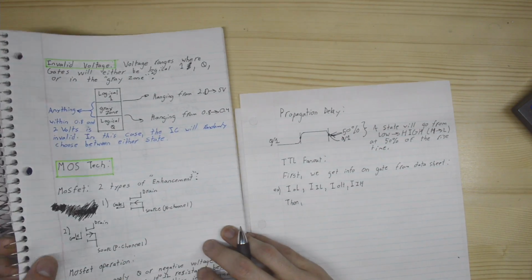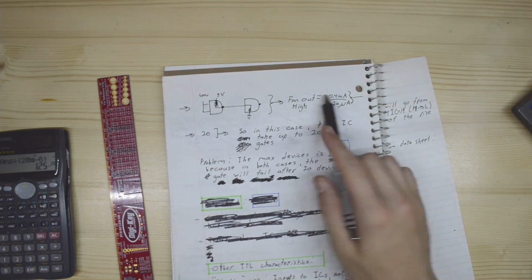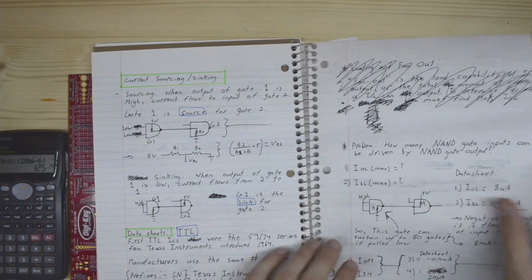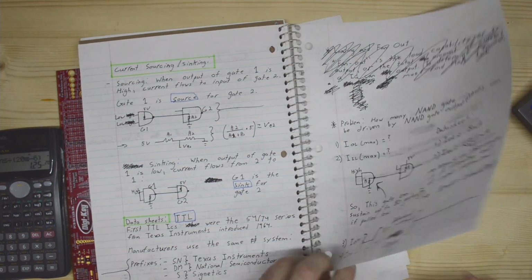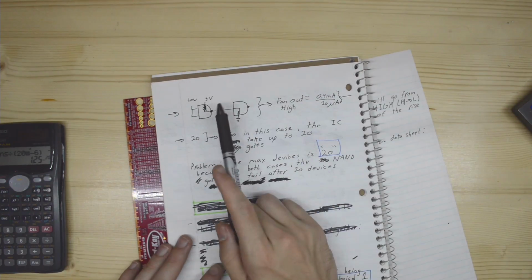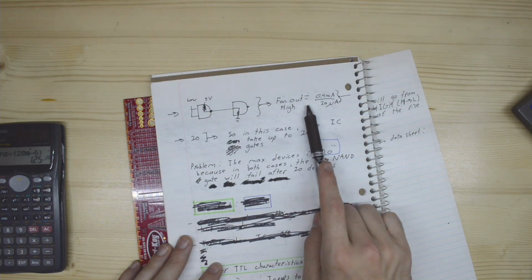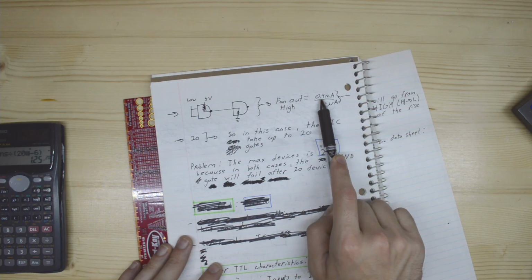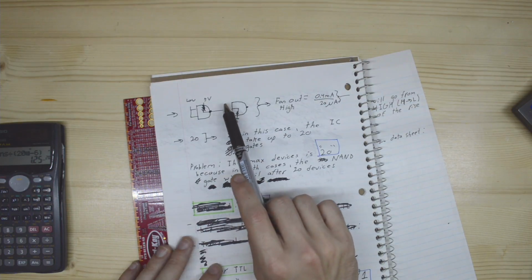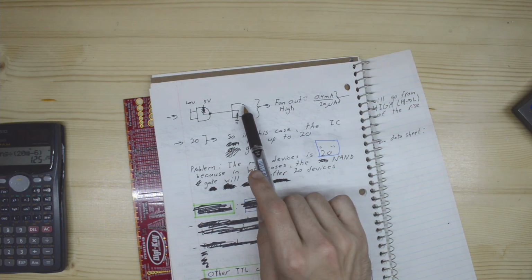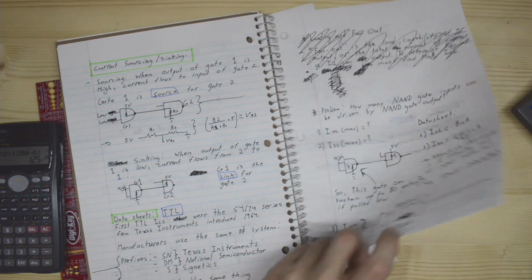So we saw in this case the high output current, so if it's a logical high at the output, the amount of current that is outputted, in this case 0.4 milliamps, has to be considered, because for the second gate here, we're looking for high input current.